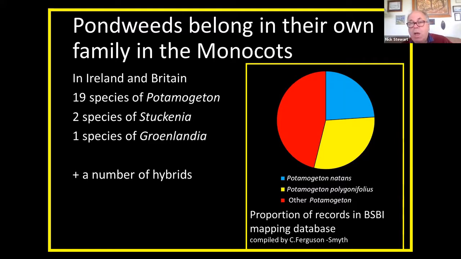But because they've got obvious floating leaves, they're much more obvious and easier to identify than some of the other species. And so the red area in this diagram covers the remaining 20 species, and it shows that there are far fewer records of these because people are less clear about them.